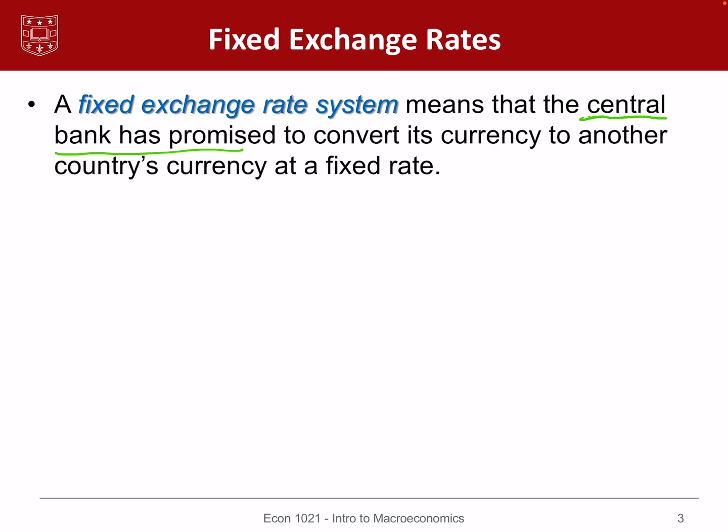We could just say more generically, a country has promised to convert its currency to another currency at a fixed rate. And for a fixed exchange rate system to work well, that fixed exchange rate needs to be established and maintained for a reasonably long period of time so that there's a certain degree of predictability and credibility that goes with that exchange rate system. We'll talk about this to some degree on the next slide.